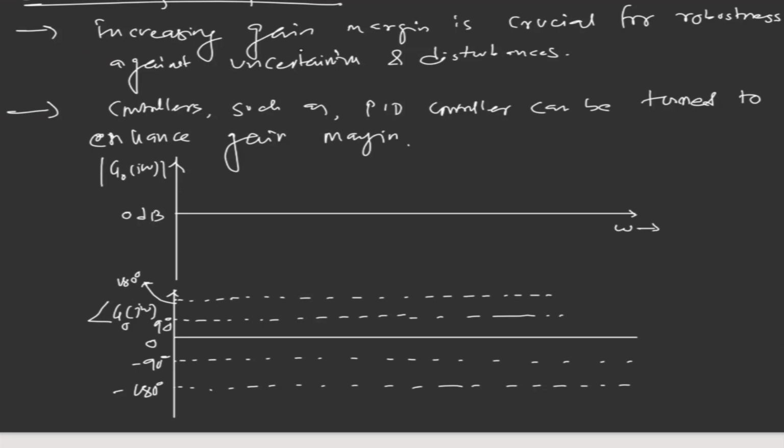And here, let's assume we have the magnitude plot something like this, and the phase angle plot something like this, for example.